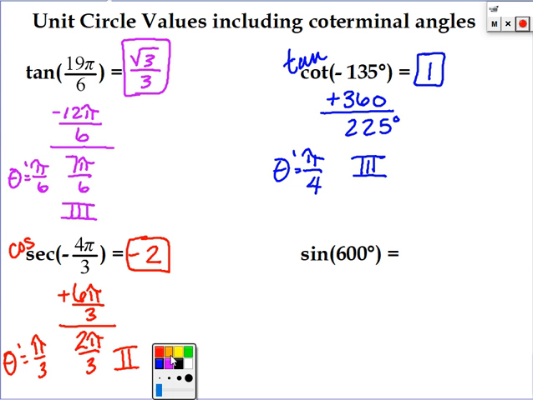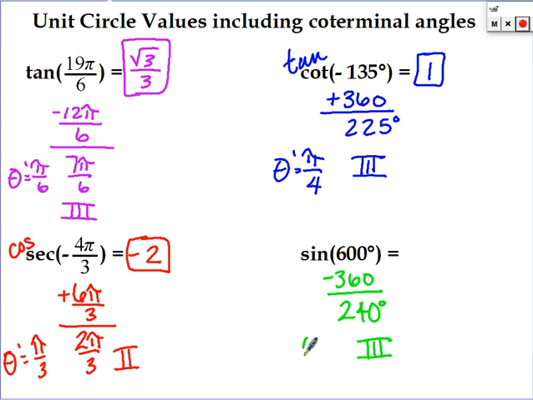And finally here, sine of 600, so I'm going to subtract 360, and we get 240. 240 is in quadrant 3, and so that's going to be part of the pi over 3 family. In quadrant 3, the sine is negative, and the sine of pi over 3 is square root of 3 over 2.